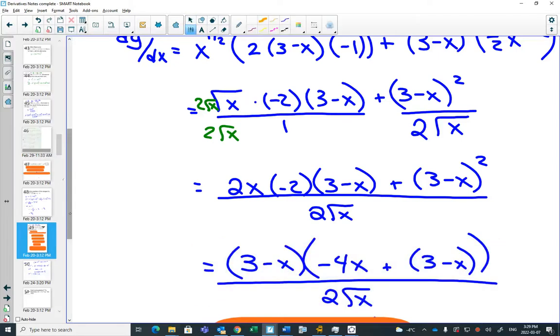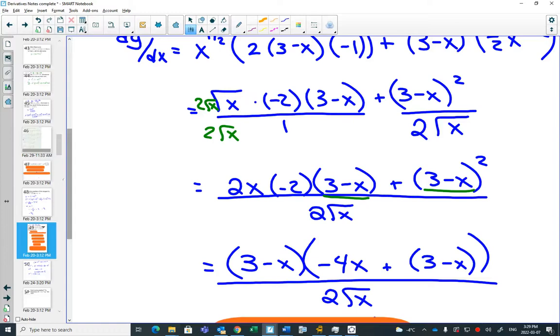What I want you to start to look for, which is going to help save you time algebraically, can you see that in this term and this term, you have a common factor? That 3 minus x showed up in both of them. Instead of spending all that time multiplying it out, combining your like terms, and then having to factor, if you can see that 3 minus x is already there, you can factor it out.